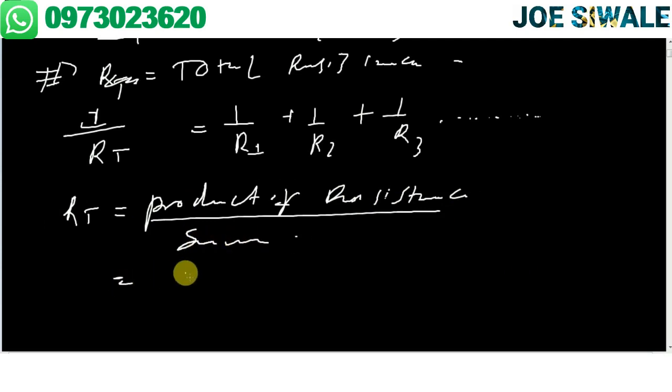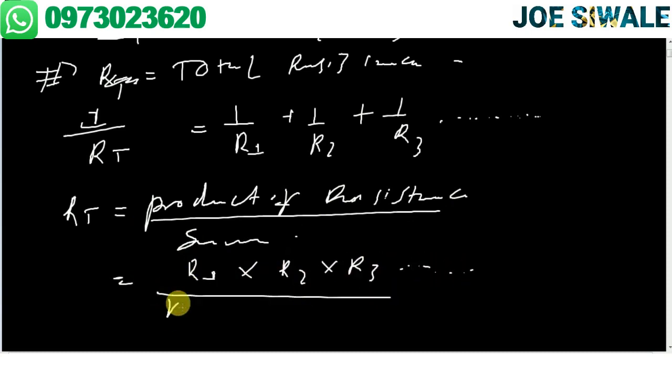So we can say R1 multiplied by R2 multiplied by R3, divided by R1 plus R2 plus R3. These two formulas give the same answer. So you can use one, and let us do some simple calculations.